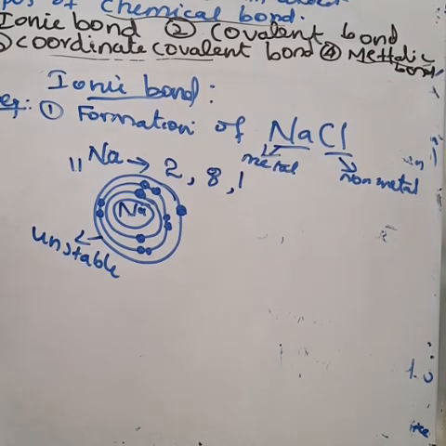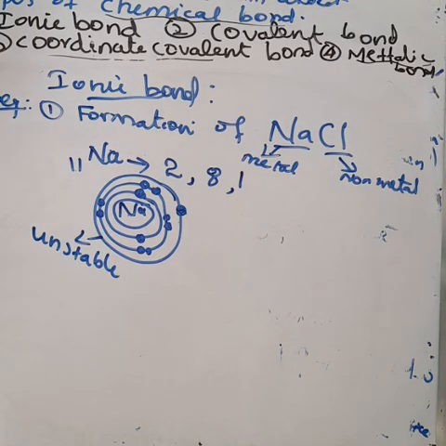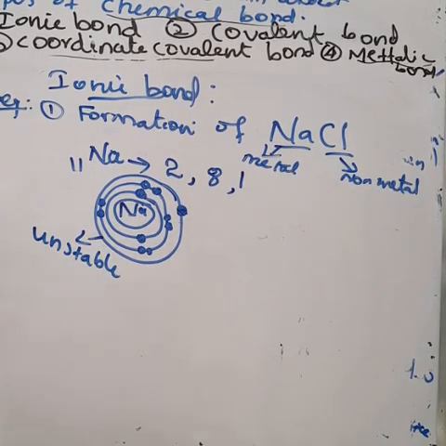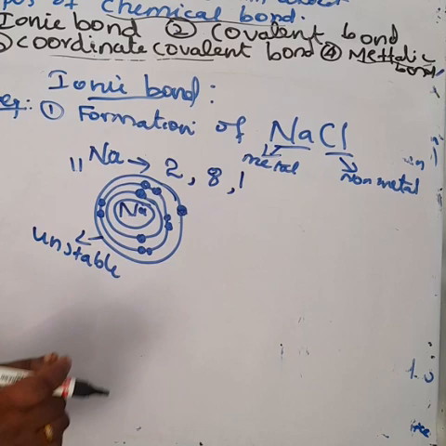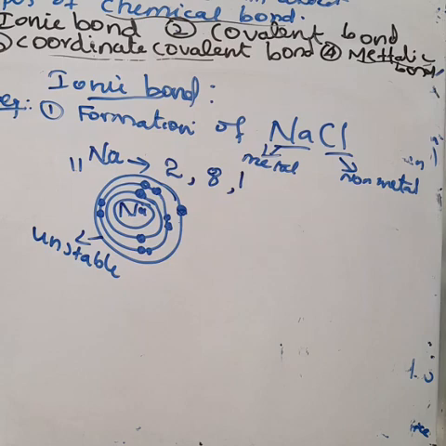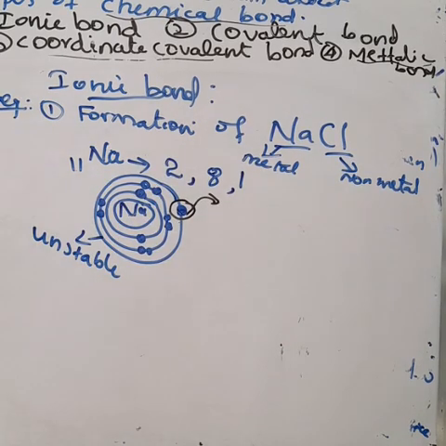Sodium atom gets stable by transferring this 1 valence electron to another atom. Then the sodium atom gets stable and forms a sodium ion, a cation. The neutral sodium atom is not stable, so it always tries to lose this 1 electron. When it loses it, it becomes stable.